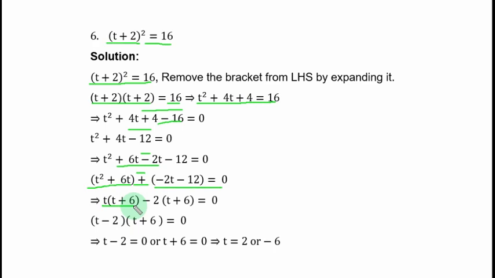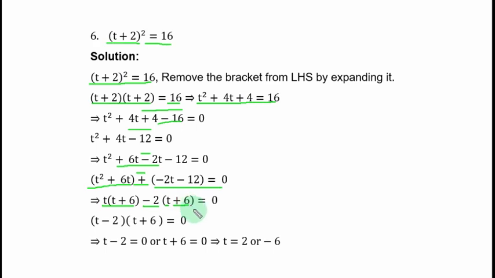Hence you factor out minus 2, because 2 is common to 2t and minus 12. If you divide minus 2t by minus 2, you have t. If you divide minus 12 by minus 2, you have plus 6, because if you divide a negative number by a negative number, the result is positive.